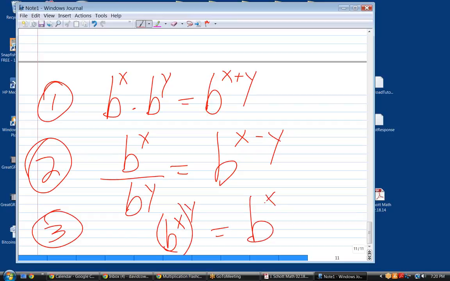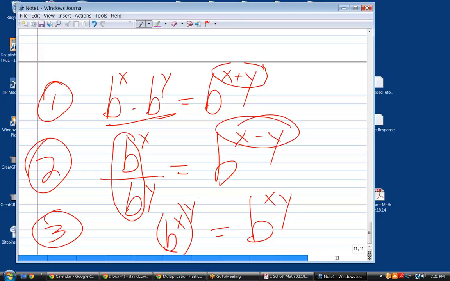If you remember these 3, that'll take care of all your exponent problems. Just remember that you're going to do one level less. We're doing addition of the exponents when we do multiplication of the bases. When we do division of the bases, we're subtracting the exponents. When we do exponentiation, we're multiplying the exponents.